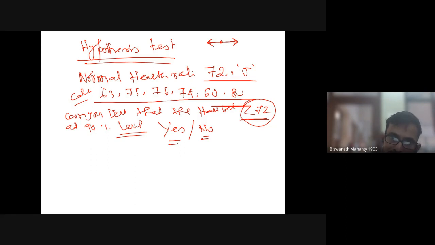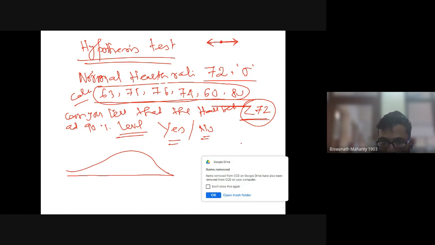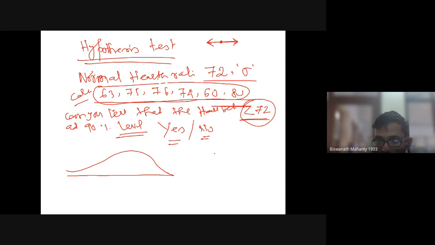So if I tell you that this is my sample data, and if I ask you to make a distribution, from that, how can I speak about this mu, right?